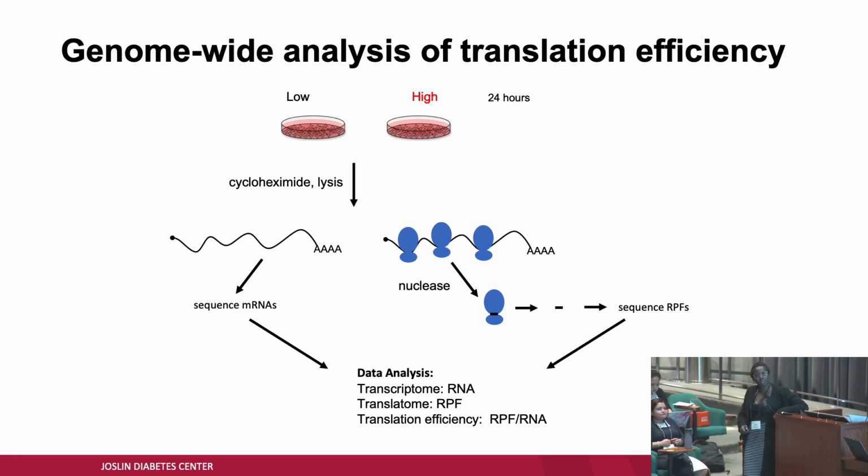And one is a ribosome-protected footprint library, which I generate by using nucleases to chew up all the mRNA except the parts protected by the ribosomes, leaving me with these short fragments. The assumption here is the more fragments, the more ribosomes on the mRNA, the more efficiently the mRNA is being translated. So in the end, I have RNA, RPF, and translation efficiency, which is a ratio of RPF to RNA.